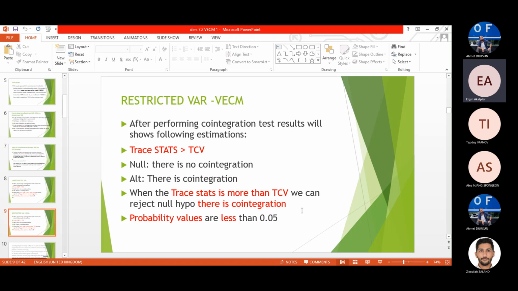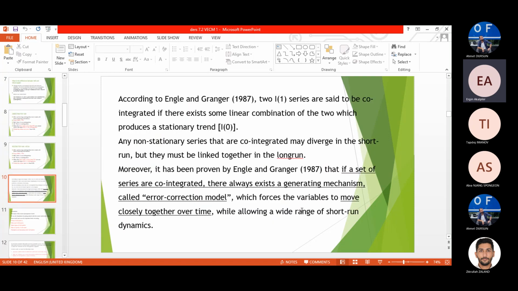According to Engle and Granger, in 1987, two I(1) series are said to be co-integrated if there is some linear combination of the two which produces a stationary series, I(0). Any non-stationary series that are co-integrated may diverge in the short run, but they must be linked together in the long run.